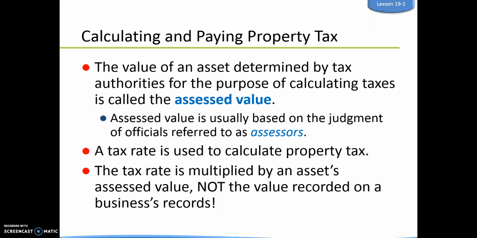And when we calculate property tax, there is a tax rate that is associated with the assessed value in order for us to calculate this. Now, the tax rate is multiplied by the asset's assessed value, not by the value recorded in a business record. So that's very important to remember when you're calculating property taxes. It's always based on the assessed value, not what you actually paid for it.